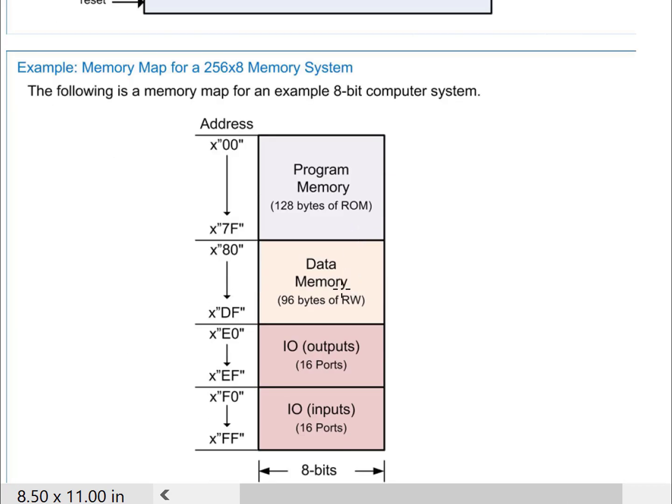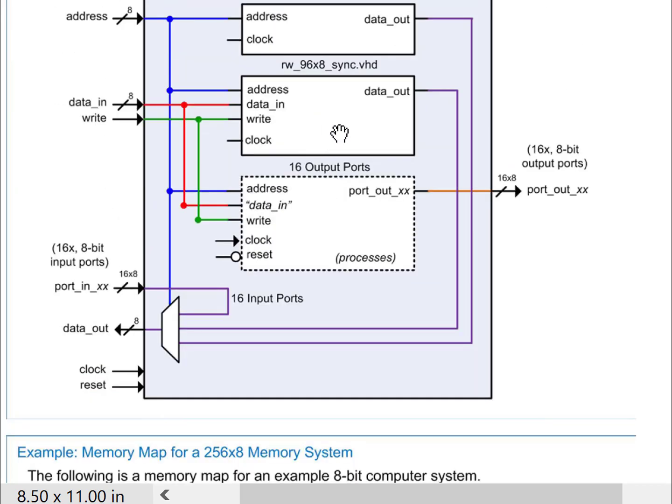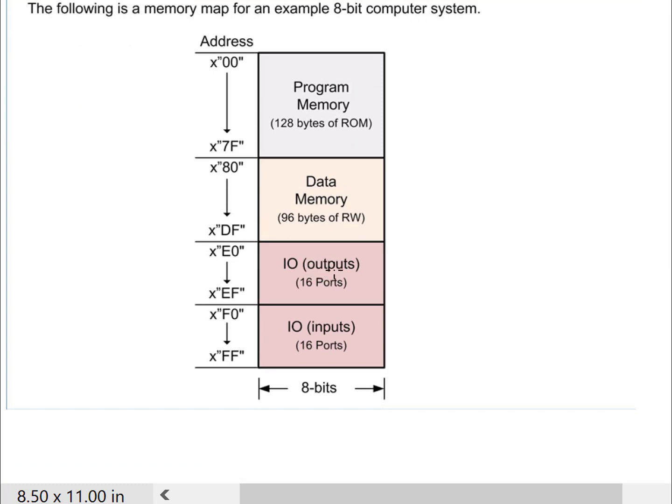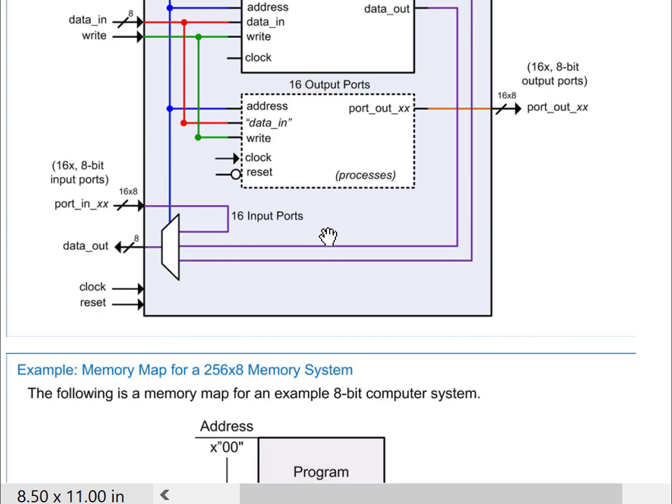Within the data memory, you're going to have 96 bytes of read-write memory. So you're going to go from 128 to 223 decimal in terms of address, or you're going to go from hex 80 to DF. And those addresses are going to be hard-coded within this read-write memory system. Okay? You are going to have 16 output ports, which are mapped to specific addresses, E0 to EF, and those addresses are reflected in the implementation of the 16 output port processes.